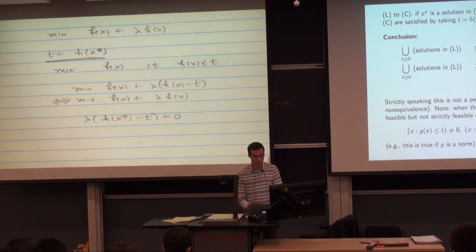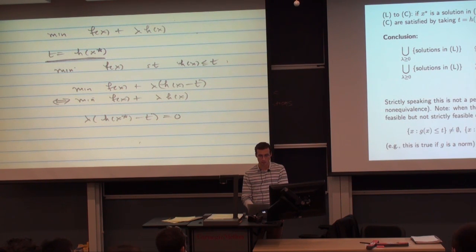Okay, so let's summarize. It's written on the slide here. All the solutions of L as I vary lambda, each one of those is going to be a solution of C for some t. So I think of this as the solution path. Then the solution path over lambda is contained in the solution path over t. How about the other way around?